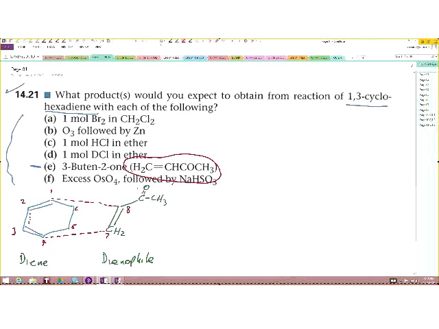So let us see the product. So we have this. Okay, let's number the carbons. This would be carbon 1, carbon 2, carbon 3, carbon 4.